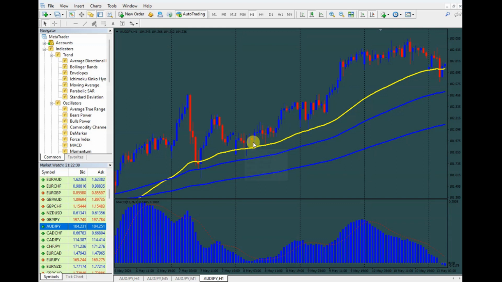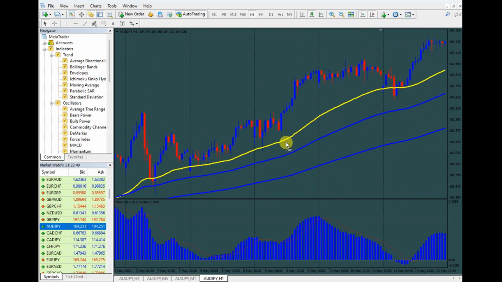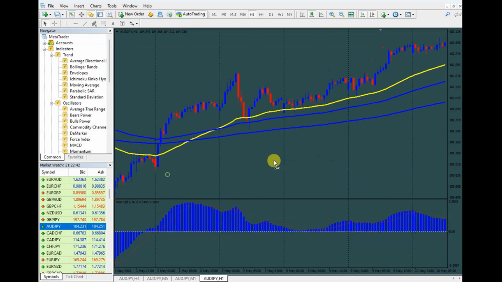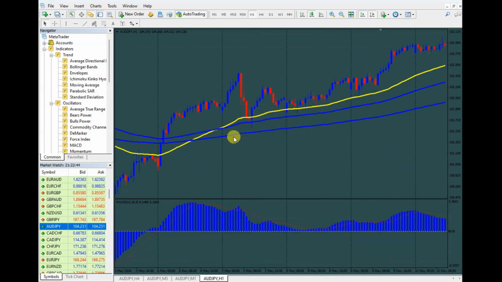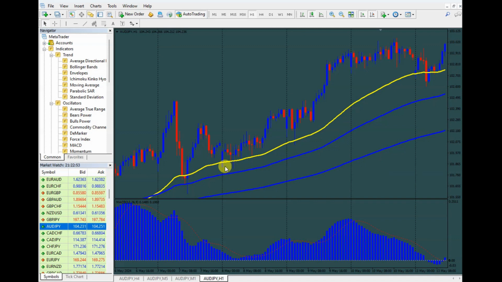Like here, as you can see, at this point we have our conditions met, but we are not entering the market yet. We wait for our buy trigger. The moment the price goes below the 50 EMA and closes above the 50 EMA, we open our buy trade.